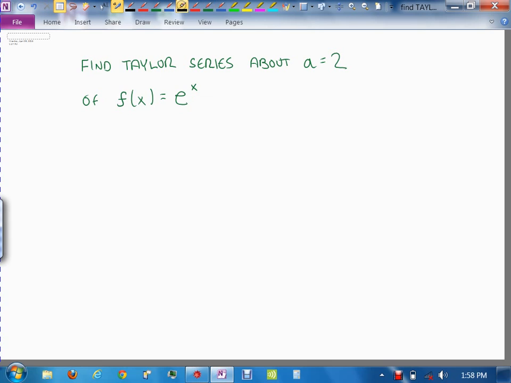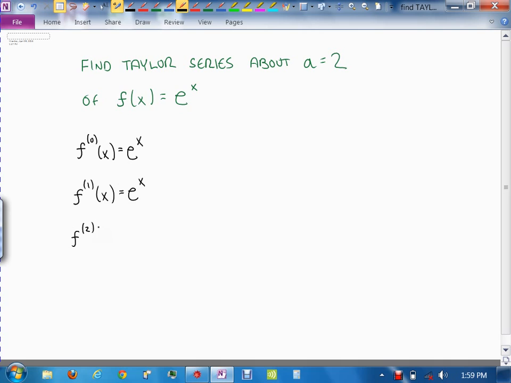So let's start out with our little table here. The 0th derivative of the function is itself. The first derivative of the function is itself. The second derivative of the function is itself. Boring.